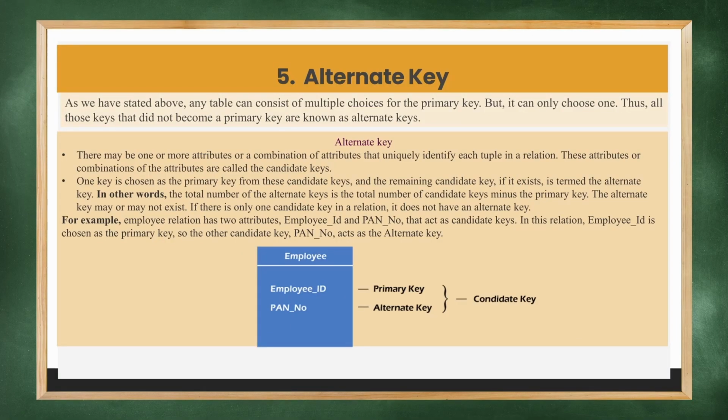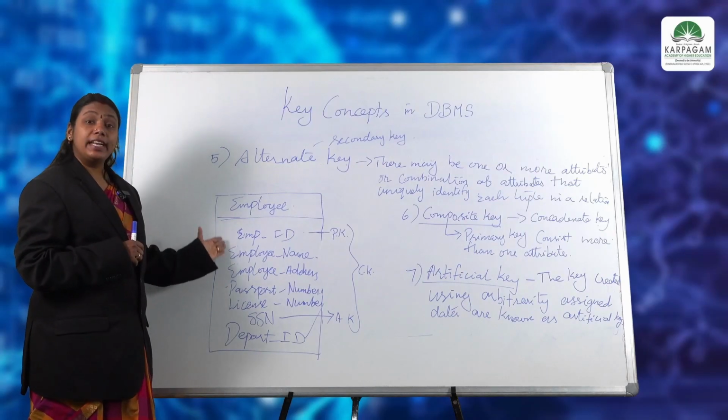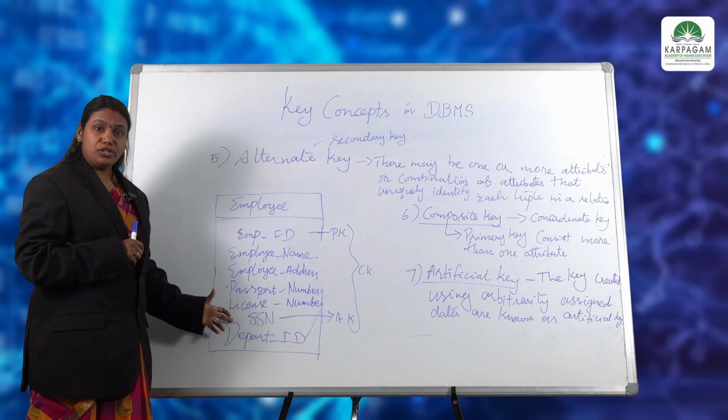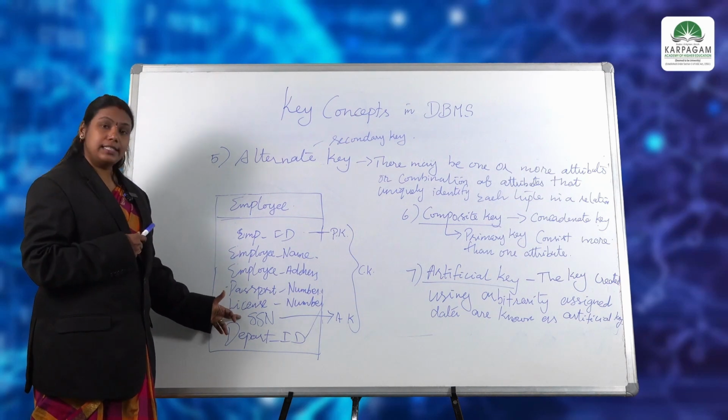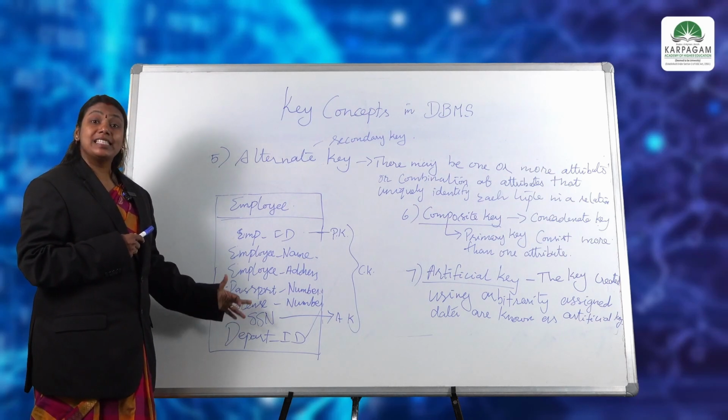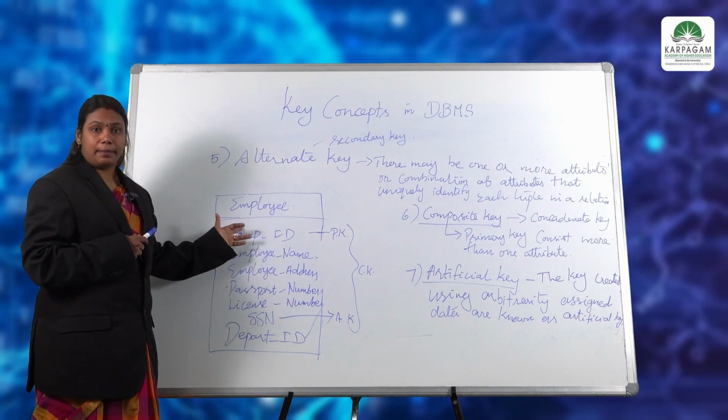Next we will discuss the alternate key. The alternate key is also called a secondary key. In a table, the employee ID is a primary key; we have already set a primary key. The table also includes many different kinds of attributes. Besides the employee ID, another unique representation is the SSN, the social security number. So the social security number is an alternative key to the primary key.